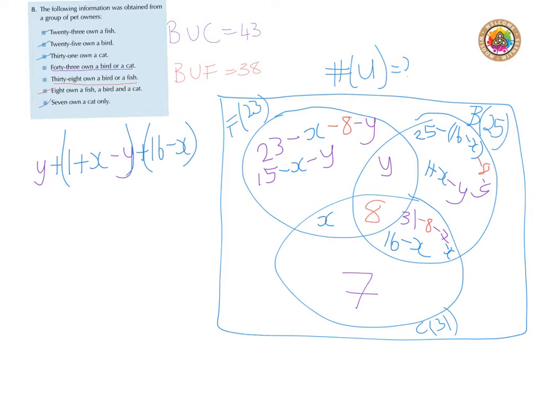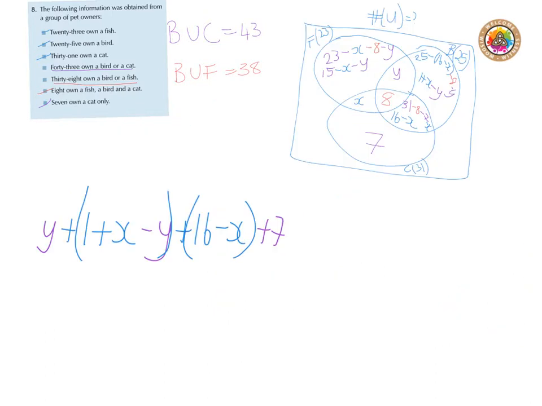I have plus 7, plus this X here, so plus X, and lastly, to go into the middle there, is plus 8, and we know that all of that is equal to 43.